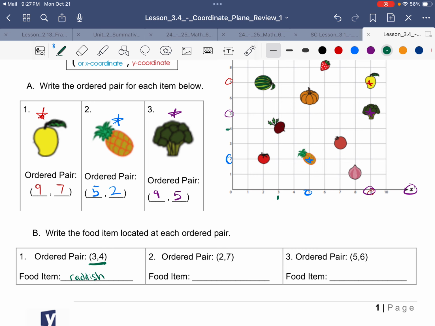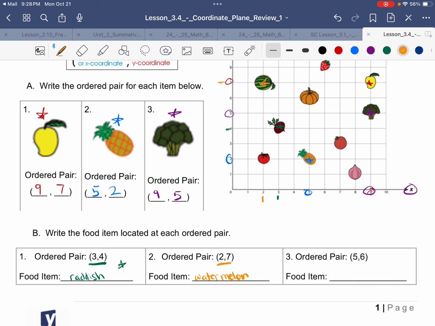And that is our item right here. If you don't know, we can put a star here for the green so you know it's green. Now we're going to look for 2, 7. 2, and then we go up to 7 here. Oh, look, it's our watermelon here.